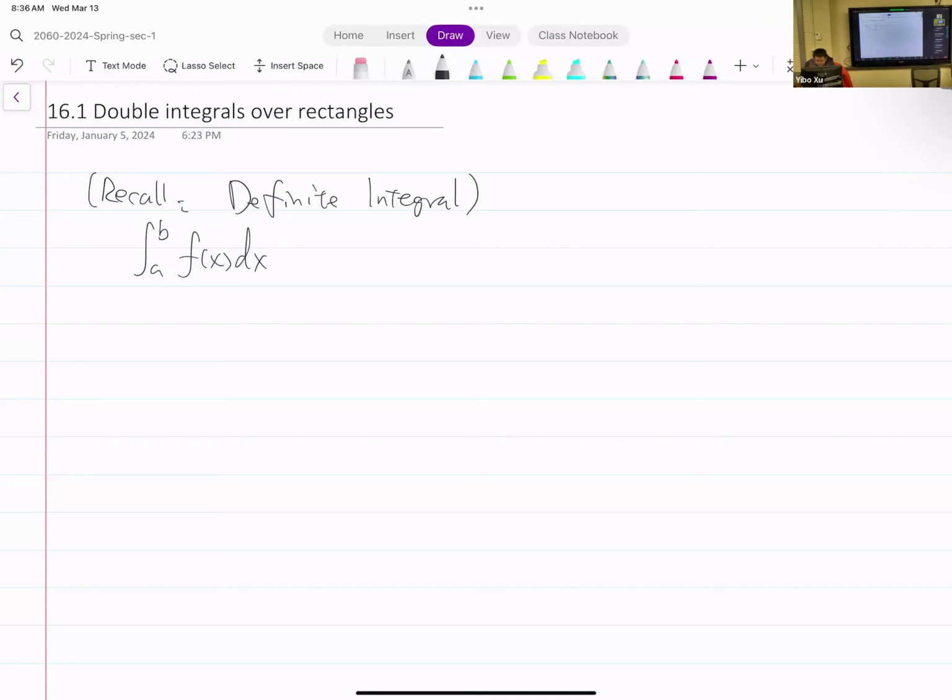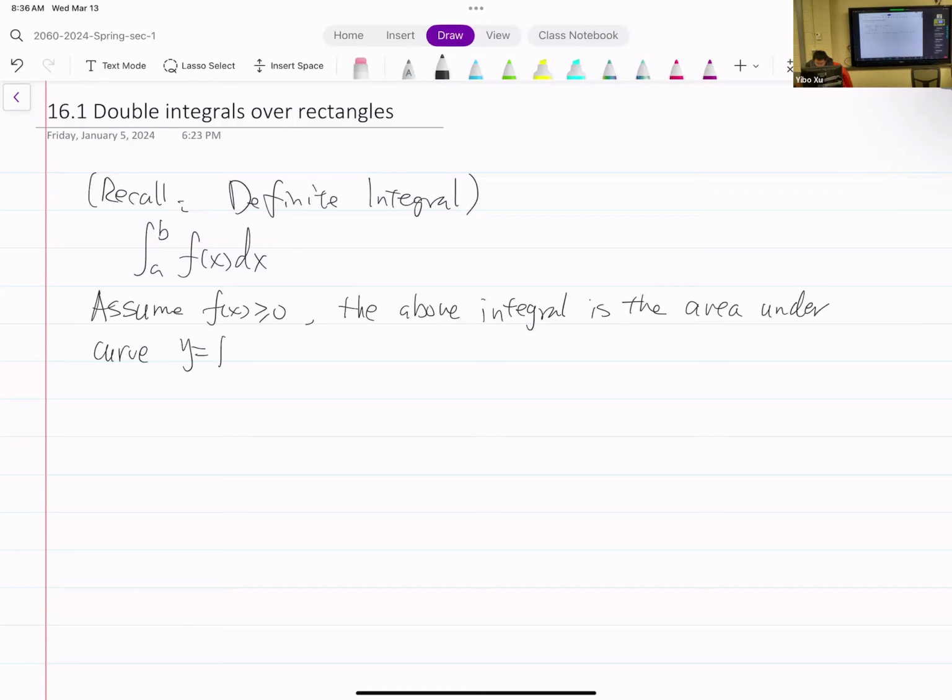If you assume that f of x is non-negative within this interval, then the above integral is the area under the curve, right? And the curve here is y equals f of x. And here we do have the restriction that the x value is between a and b.